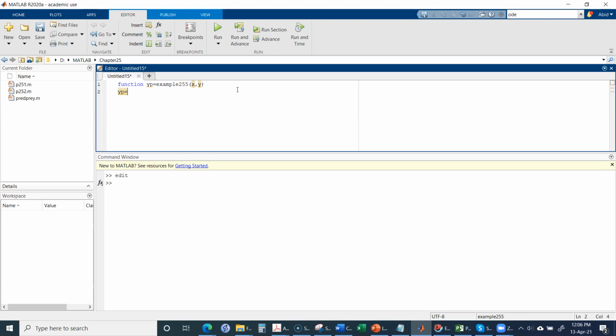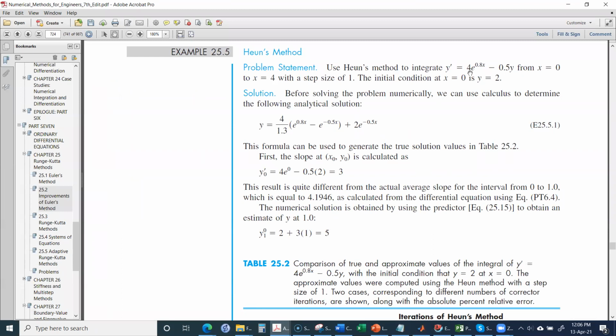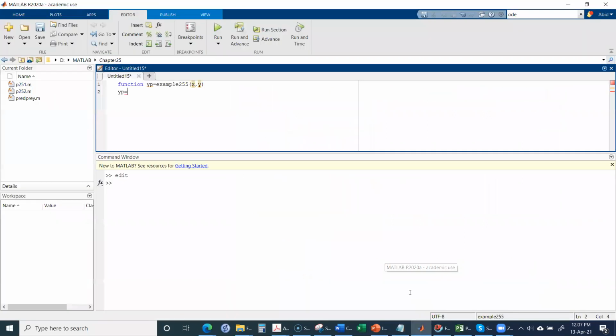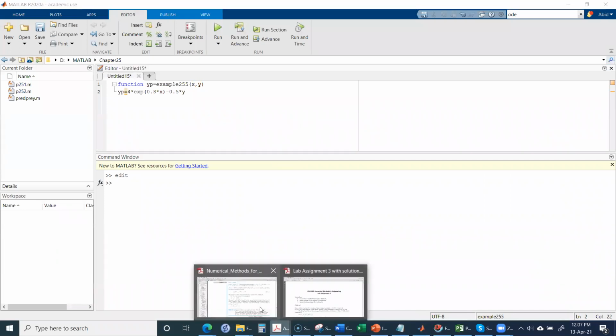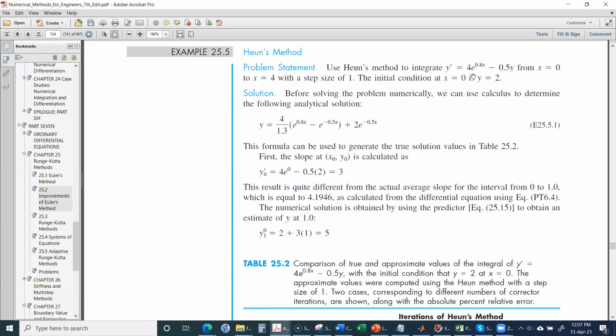Yp will be equal to 4 times exp(0.8 times x) minus 0.5 times y.